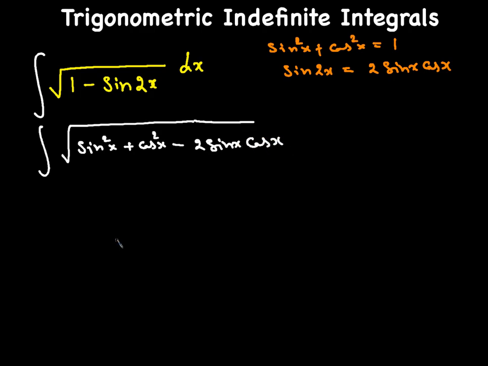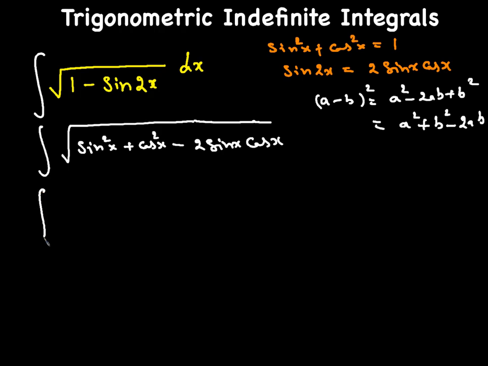All right, so if you remember one more formula, a minus b whole square is equal to a square minus 2ab plus b square, or can be written as a square plus b square minus 2ab, right? So now look at this, a square plus b square minus 2 into a and b. If I say this is a and this is b, then this is equal to a minus b whole square.